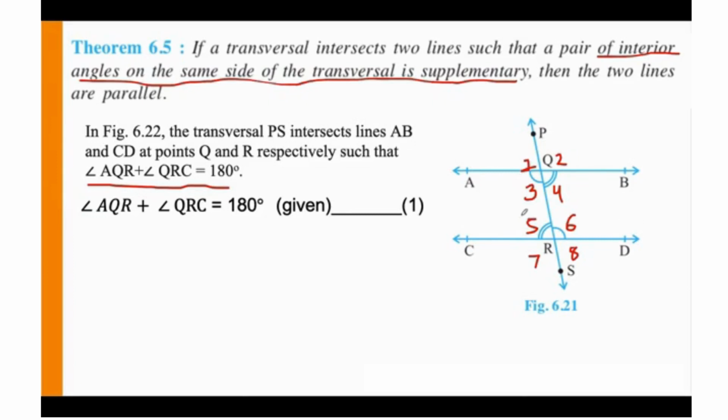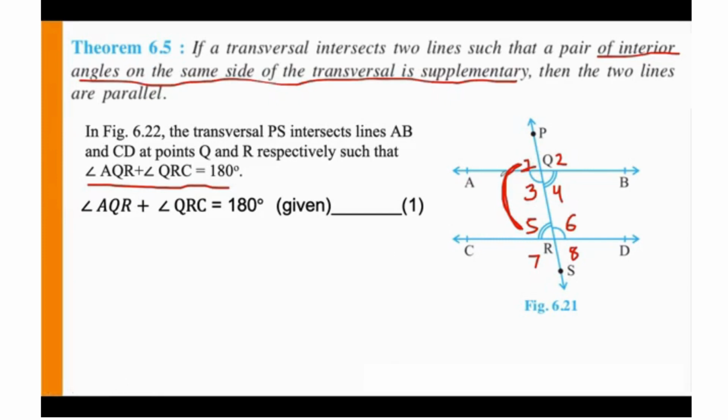If I can prove that angle QRC, angle 5, is equal to angle 1, then using the converse of the corresponding angles axiom, I can say that AB is parallel to CD. So let's prove that 5 is equal to 1.